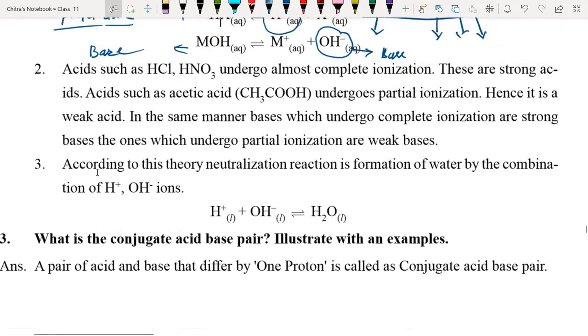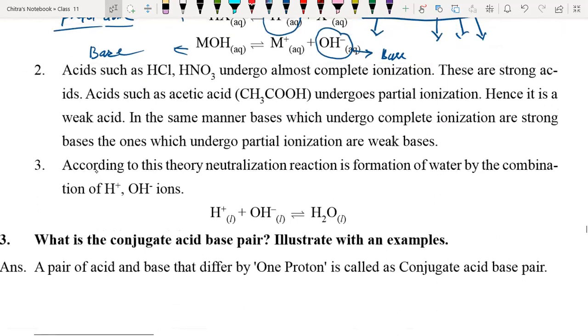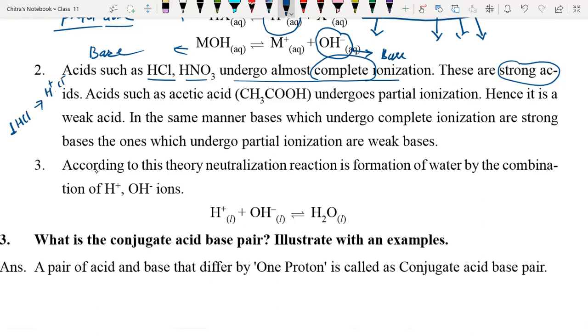Second one. Acids such as HCl and HNO3, when they dissolve in water, dissociate completely. Those acids that dissociate completely are called strong acids. Suppose you take 1 mole of HCl and dissolve it in water, all the HCl will form H positive and Cl negative ion.